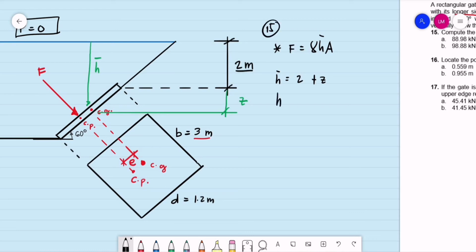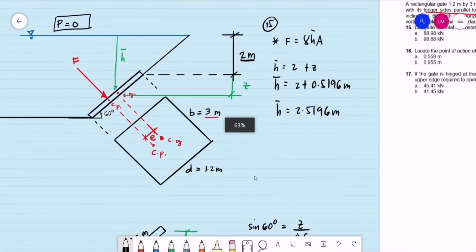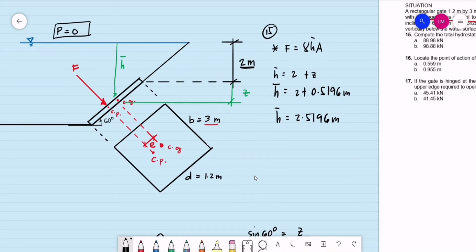The equivalent of the bar H is yung initial 2 meters, yung lalim ng upper edge, that is 2 meters plus yung value ng Z, 0.5196 meters. So, let's say the value of the bar H is equal to 2.5196 meters. Ayun.